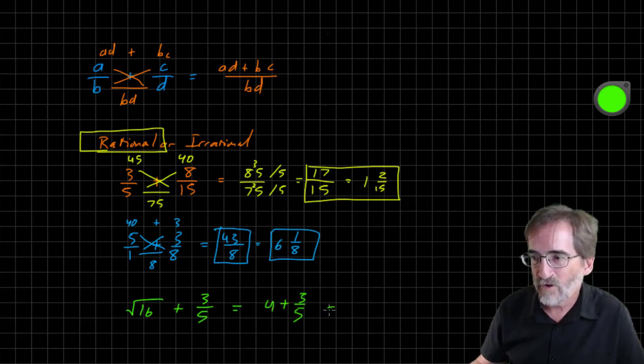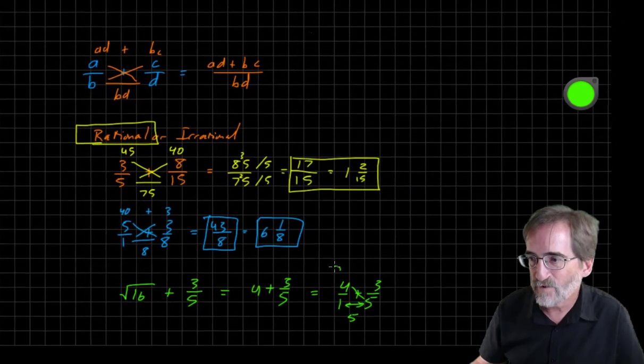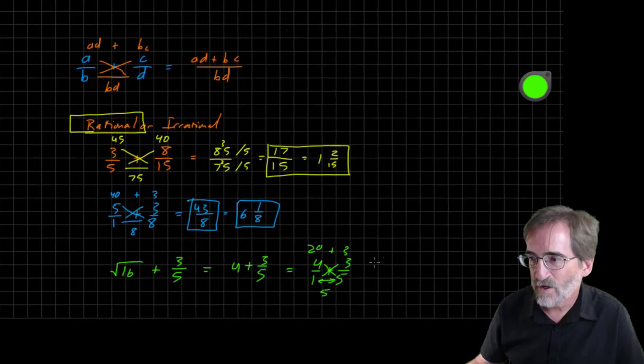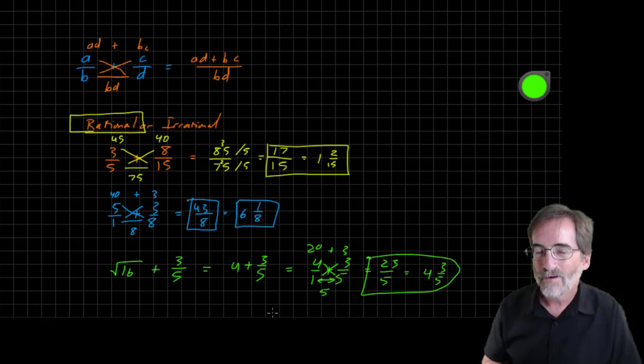And 4 can be written as 4 over 1. We can do 5 times 1 is 5. 5 times 4 is 20. 1 times 3 is 3. 20 plus 3 is 23. 23/5 is 4 and 3/5. Okay, so hopefully that helps.